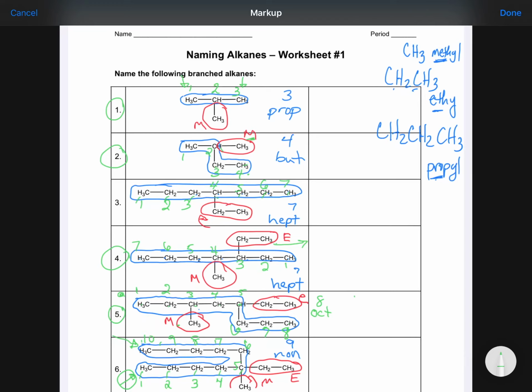Oh, did I count wrong? 1, 2, 3, 4, 5, 6, 7, 8, 9, 10. I did. I counted wrong before. How did I miss that? The prefix for 10 is dec. You guys probably caught that, and I didn't.